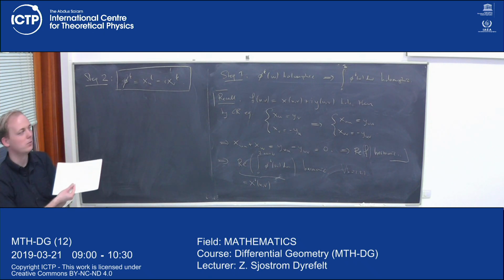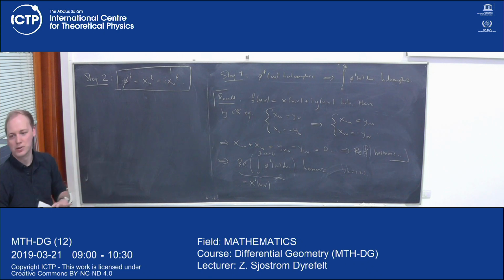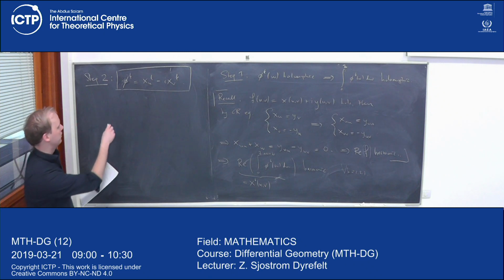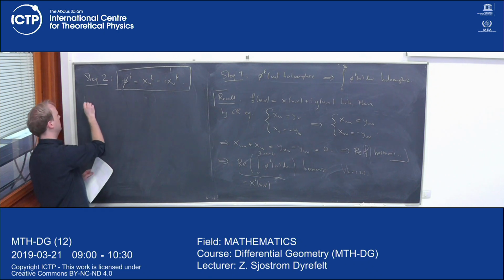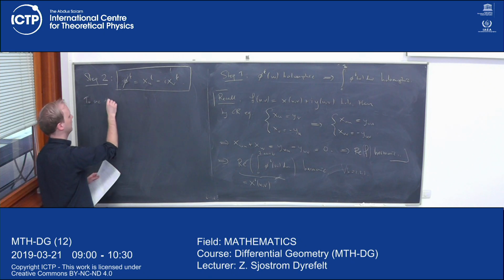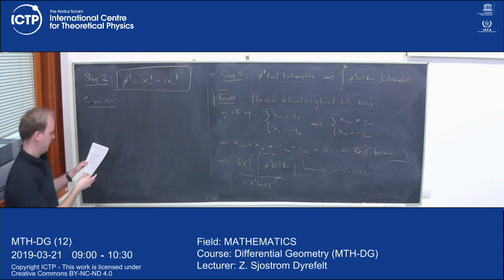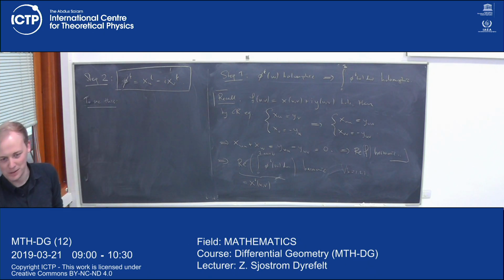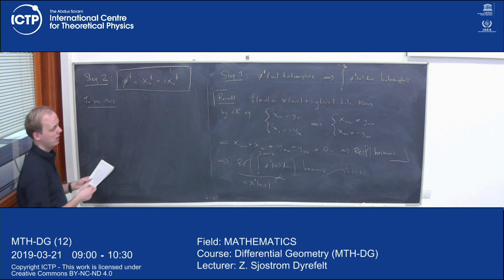What I'm doing, of course, is trying to prove a converse to the first proposition. So I need to show that this holds. To see this, we need to mess around a little bit with these complex partial derivatives again.